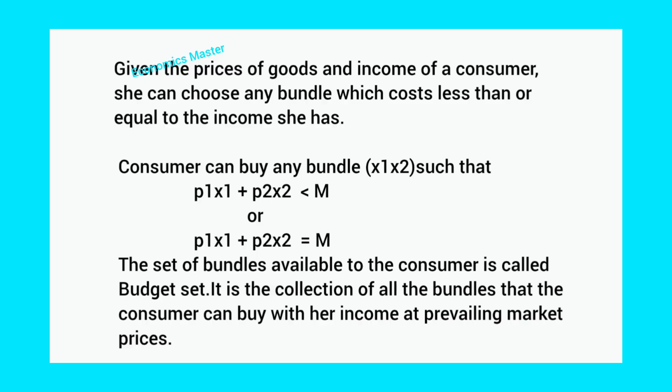So the consumer can buy the bundle X1 X2 of apples and mangoes such that P1 X1 plus P2 X2 should be less than M, or P1 X1 plus P2 X2 should be equal to M. The set of bundles available to the consumer is called the budget set.